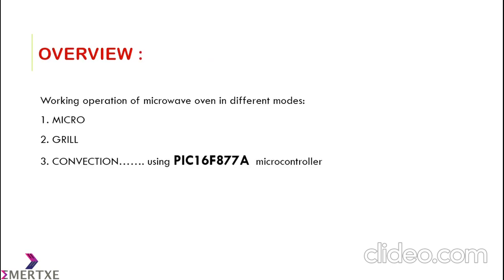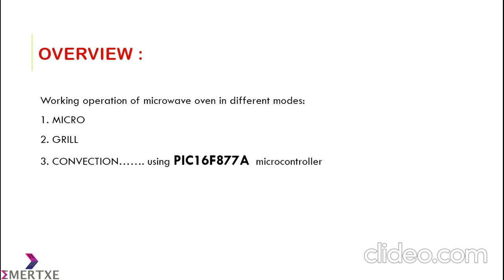Now, to give you the overview about the project, let me explain the very basic requirement of this project. Generally, in our houses or anywhere else, while cooking, we do require different flames. There will be certain recipes which require low flame, certain recipes which require medium flame, and certain recipes which probably require high flame.